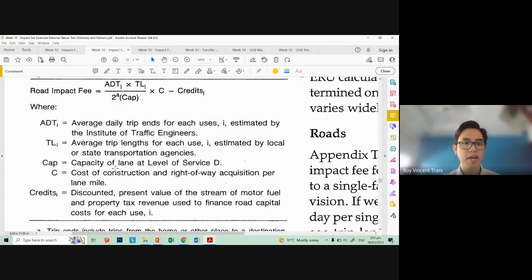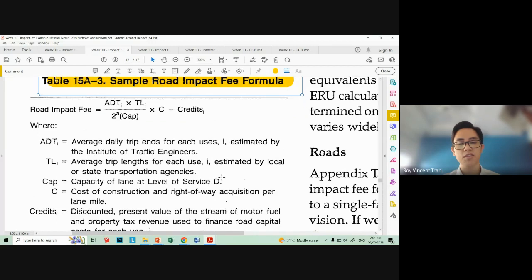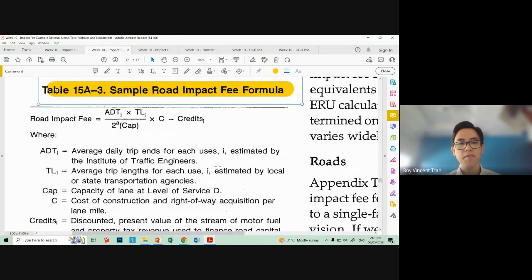The cap is the capacity of the lane at a level of service D. For those not familiar, what we mean by level of service is that A is the highest and D is the lowest. For example, in a road situation, A means traffic flows smoothly with no delays, and D means it's still flowing but at a very slow rate. You can barely transport goods and services on that road.